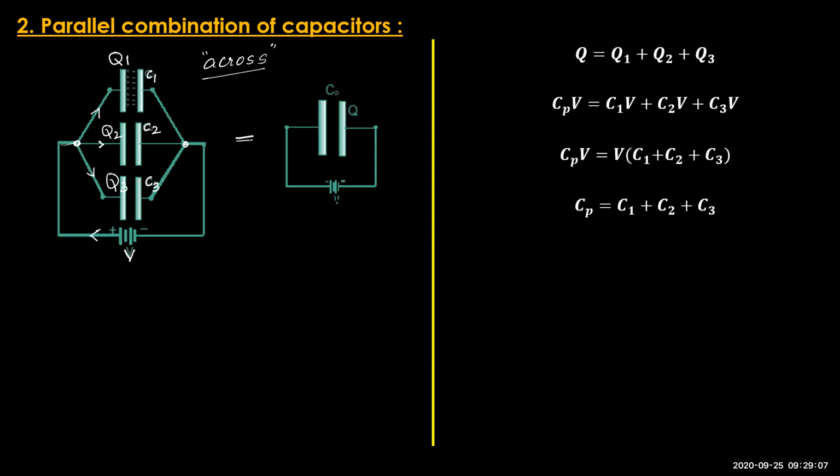Now we have to consider the equivalent circuit also, where we have only one capacitor called CP. It is nothing but the equivalent capacitance of the parallel combination. That's why it is CP.